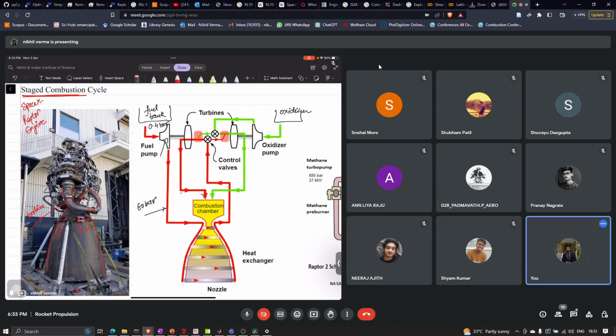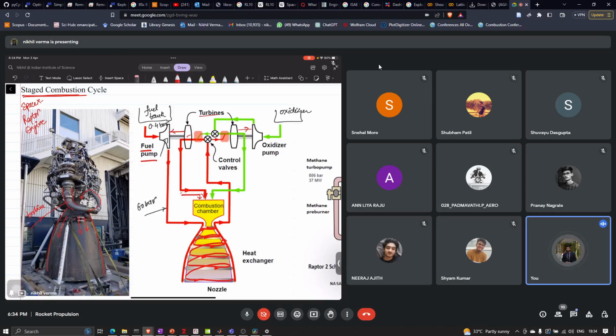What we do is take the fuel pump, the fuel is pressurized, it circulates the nozzle, and after this it is fed into the turbines, where the turbine again drives the pumps, and the exhaust generated from the turbine is again fed to the combustion chamber.